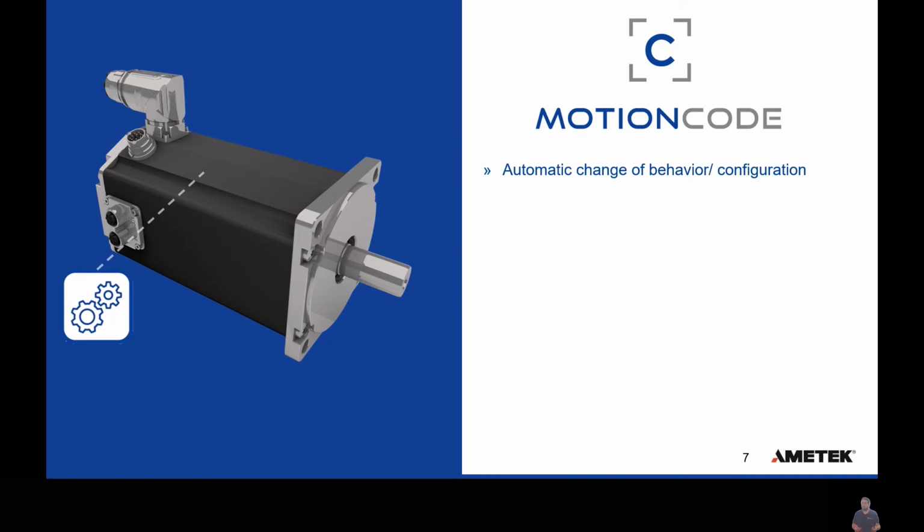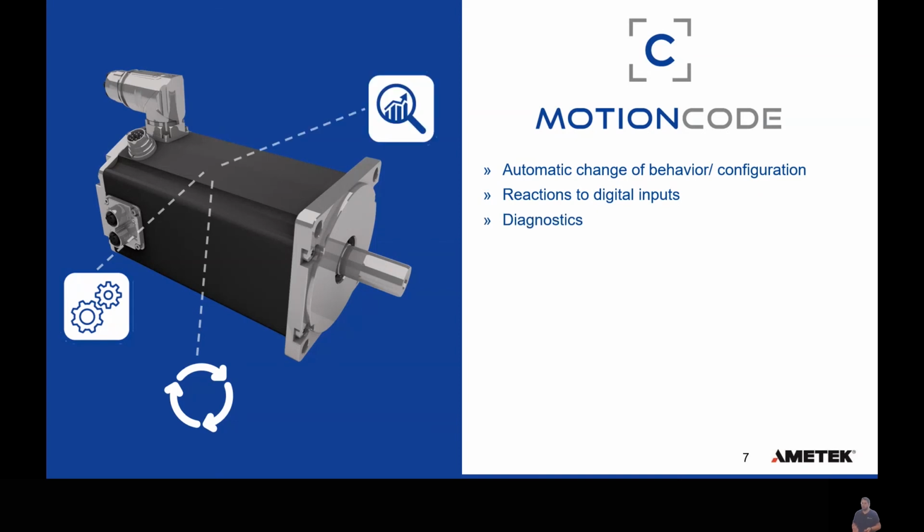For example, switching from a speed mode where I just control the speed to positioning mode, depending on the position where the motor is, or, as mentioned, reacting on digital inputs. I reach the sensor, then perform this action on this motor, and program this directly local on the motor where the action is required.